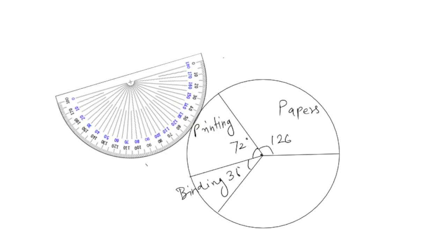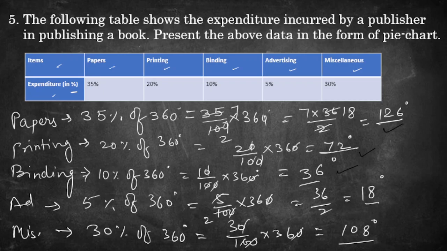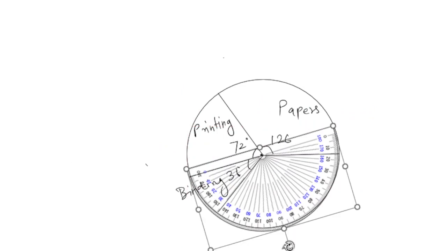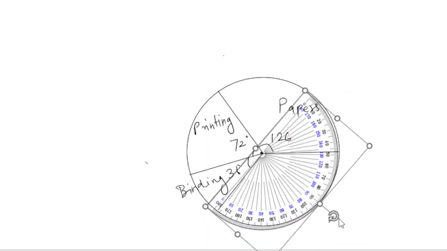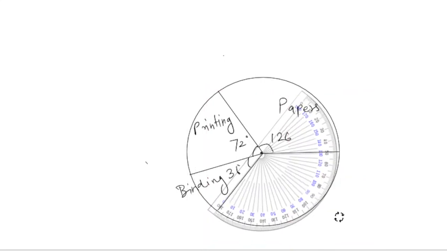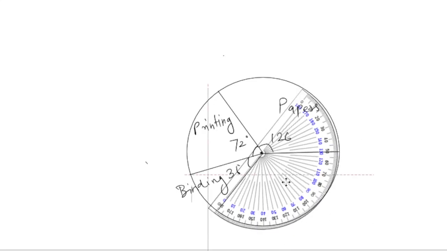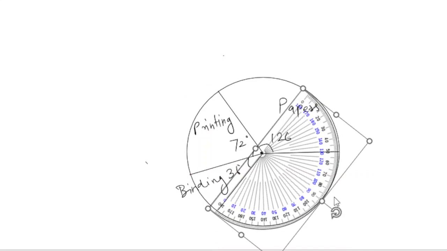Okay, now 18 degree for advertisement. Fine, so let's draw 18 degree. The center point should coincide, and the baseline should also coincide, because the last drawn line will be considered as baseline. So now you can see the point is not coinciding yet. Right, now 18 degree we need to draw. It's 10, 15, 16, 17, 18.